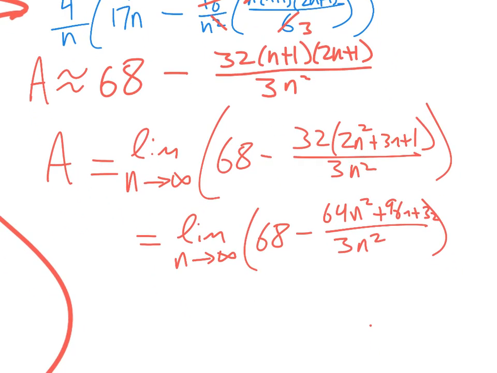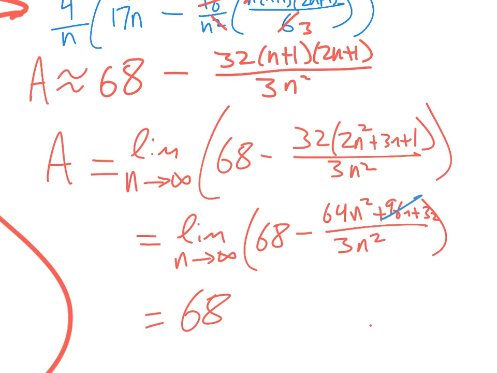Now, what's happening here? We've got to remember how to do limits. It's been a while. Go way back to the beginning of the year. As n goes to infinity, 68 is equal to 68. In this fraction, remember we have leading terms of n squared and n squared.